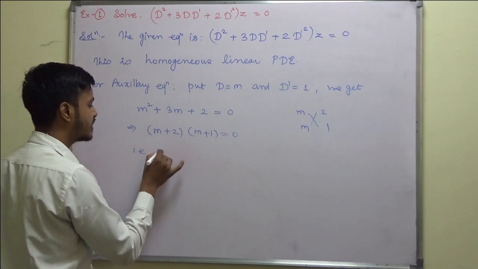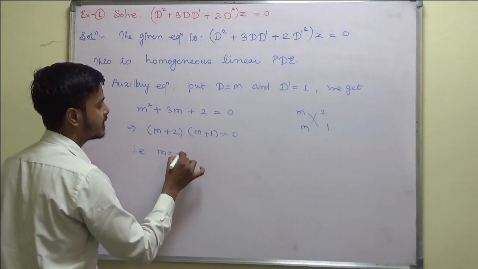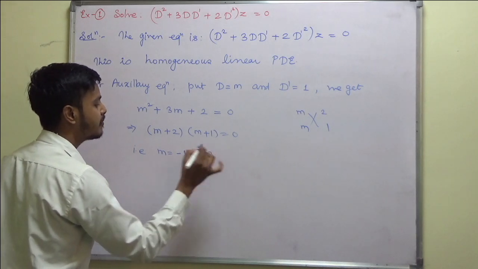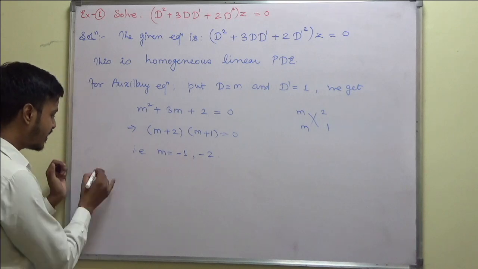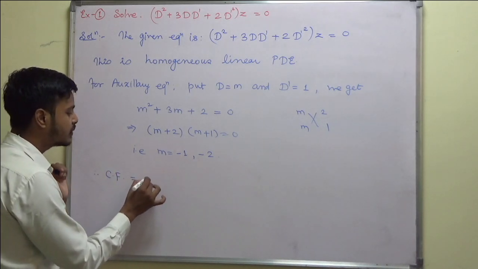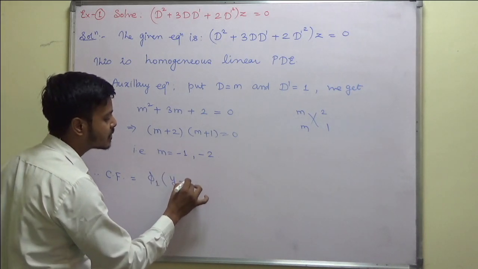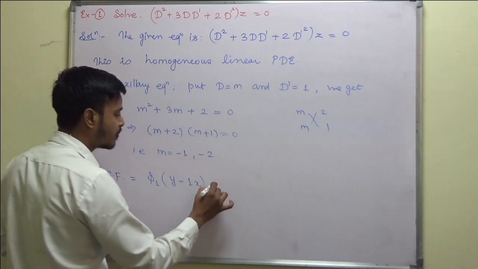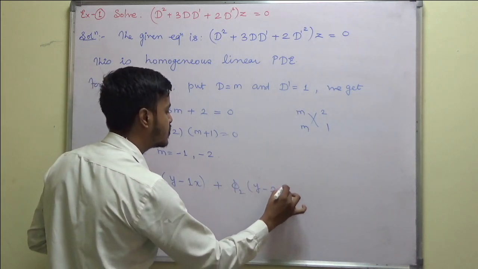That is, what is my m? m is equal to minus 1 and minus 2. Once you get the roots, you just have to write down the complementary function. Therefore, CF is equal to phi 1 of y minus 1x plus phi 2 of y minus 2x.